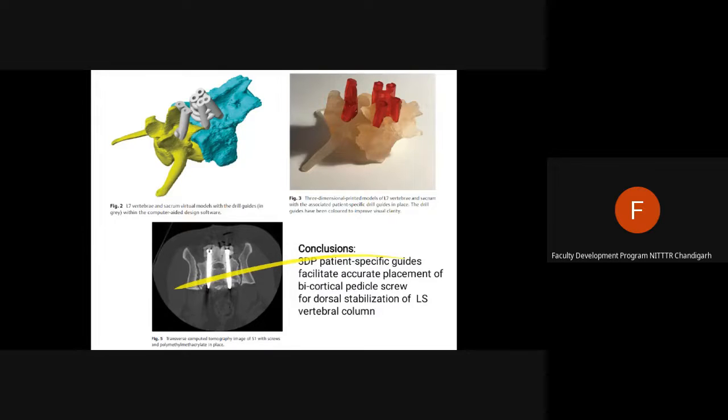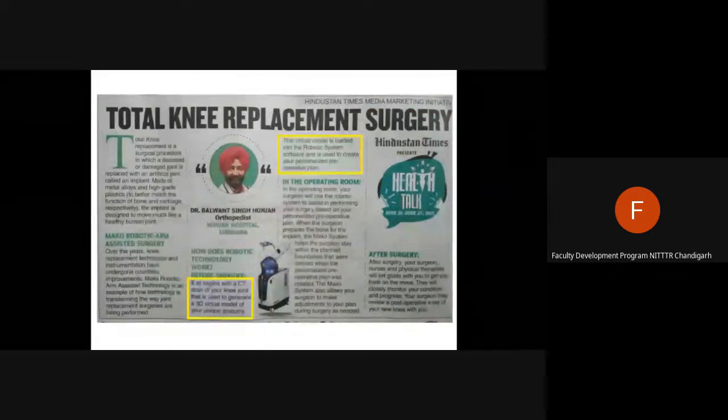This is not just to advertise a certain person or technique. I want to show you that this technology is being used quite commonly in medical practice. This is based in Ludhiana. An orthopedic surgeon is using a robotic arm during surgery, and also for creating patient specific implants.